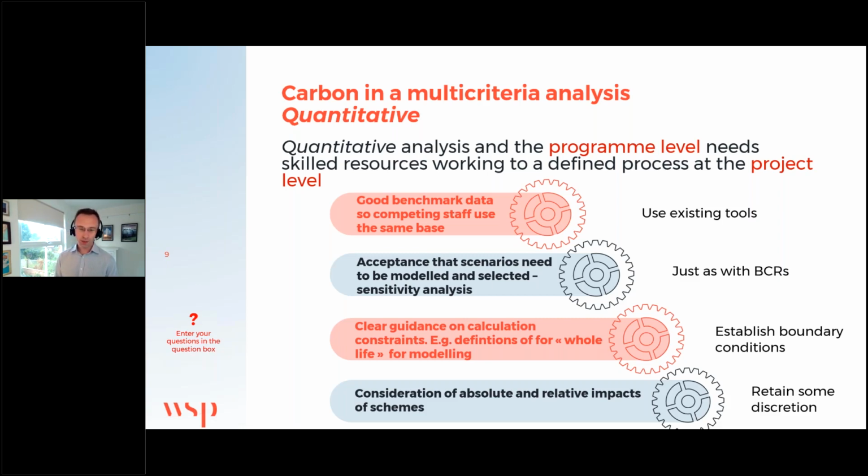But if you're looking at a very, very large scheme, even a modest improvement is going to make a significant contribution to reducing carbon for your organization. And so I think you could set up multiple criteria to try and balance that out. I think in reality, you just need to retain some discretion in the way that you award the marks in a multi-criteria analysis here.